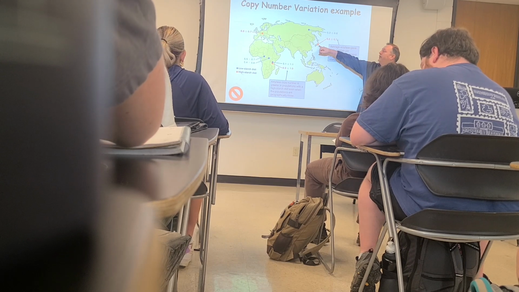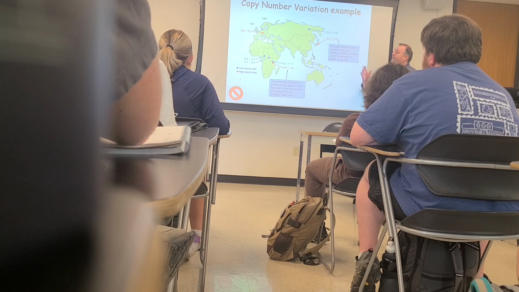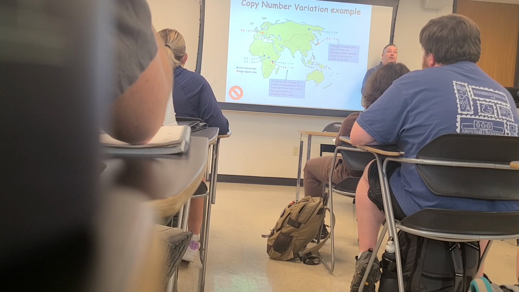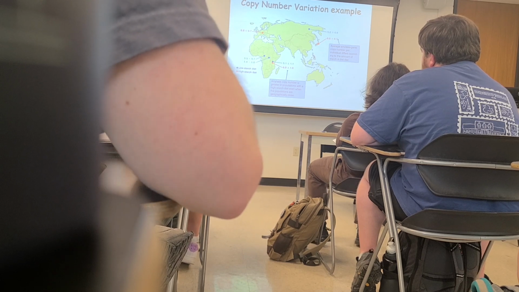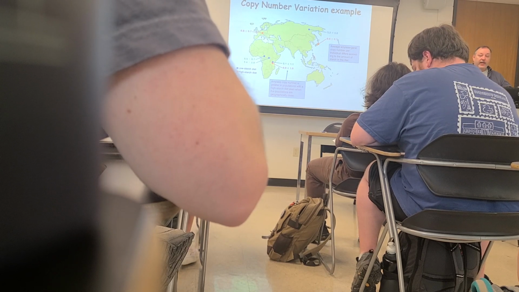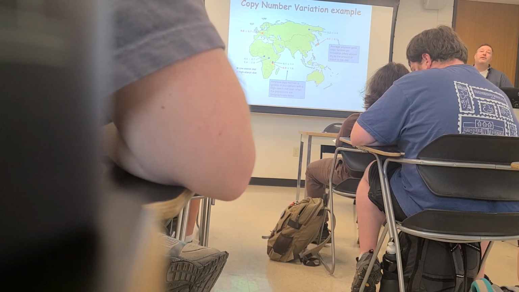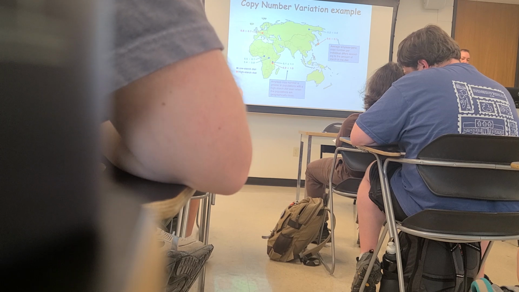That would be sort of Japan area. But rice is a starch, and what this study looked at was how many copies of amylase do these individuals have in these regions. And what they found was a correlation. Populations that ate more starch tended to have more copies of amylase than populations that didn't eat as much starch.